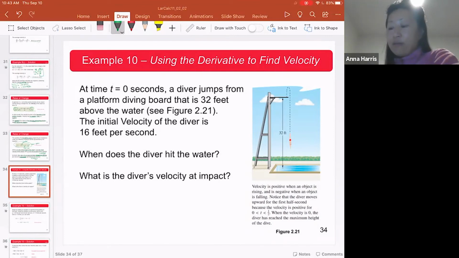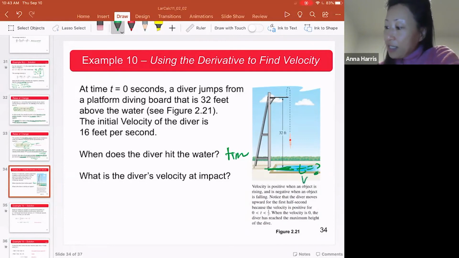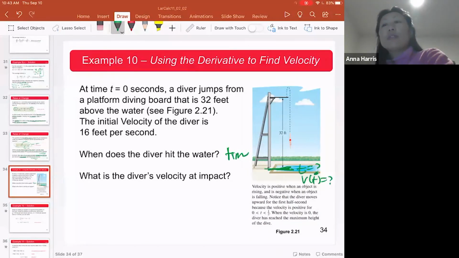So I need to figure out two things. When does the diver hit the water? So I need to know the time at here. What is my time? And I also like to know the velocity at this time. Two things I want to know.